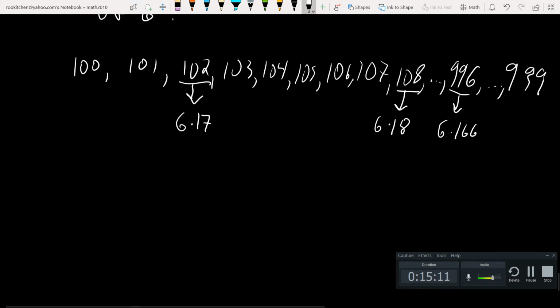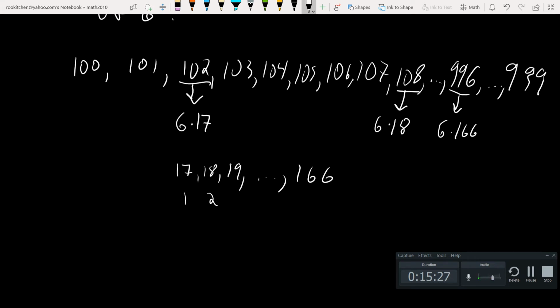Okay, so how many of these guys are there? Well, the first one is 17 and then 18. So there's 17, then 18, then 19, and then that goes all the way up to 166. So we need to count those. We need to say this is 1, 2, 3, all the way up to what? Right?